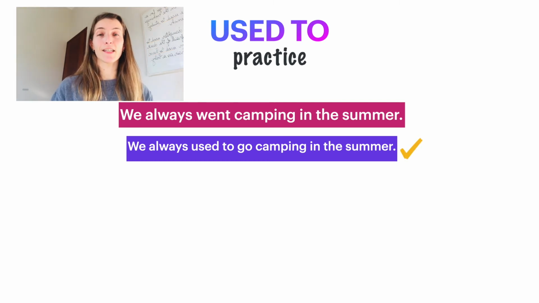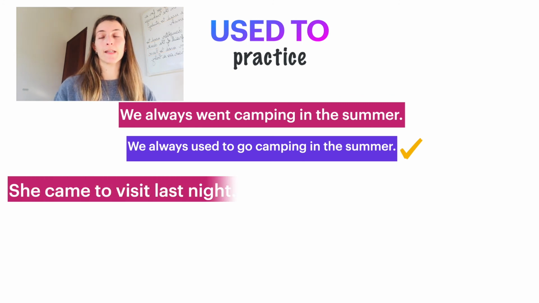Yes, it is correct. No tenemos una referencia específica en el tiempo pasado. Tampoco hablamos de un periodo de tiempo, entonces está perfecto. Tenemos always, pero estos adverbios de frecuencia sí se pueden usar con used to, porque justamente nos hablan de hábitos. So, that's okay.